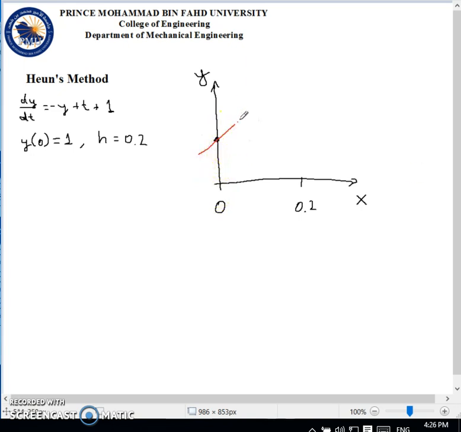And on this slope, we'll extrapolate and find the Euler approximation at 0.2. In Heun's method, we'll call this the predictor.